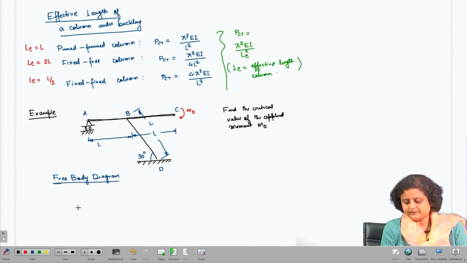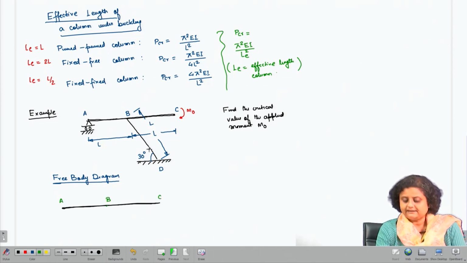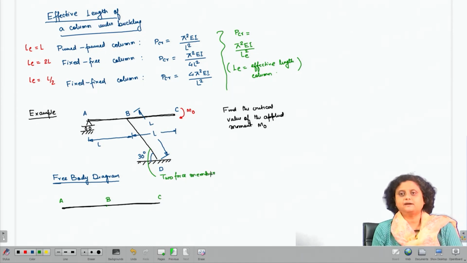Now, if we draw the free body diagram, for the ABC portion we can identify that this member is a two force member, because it is connected only at the two ends and there are no intermediate force or moment acting on this member.